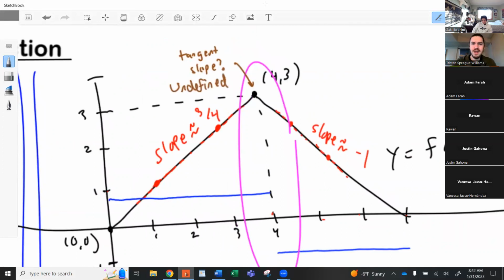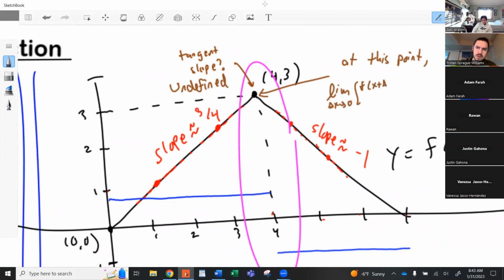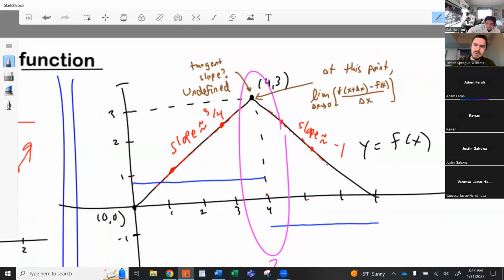And the reason for that is, at this point, the limit of the difference quotient, which I'll write out here, does not exist.